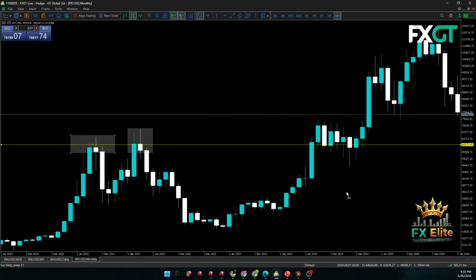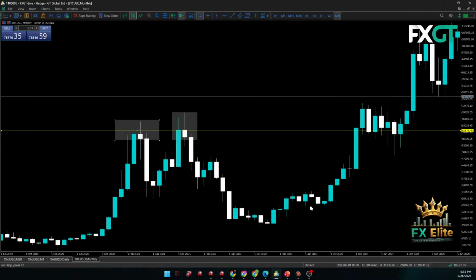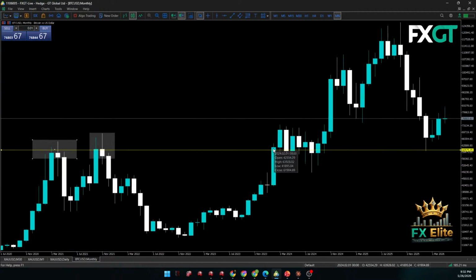So it finally tested over here. If you can see, this is a clear breakout.